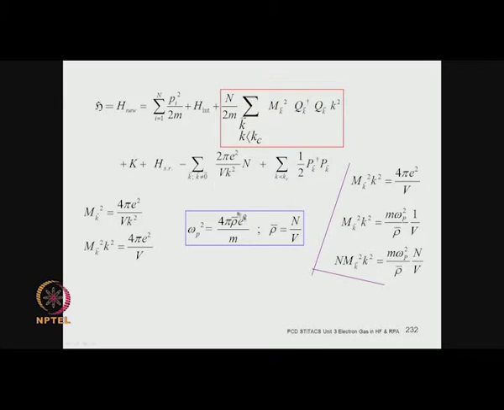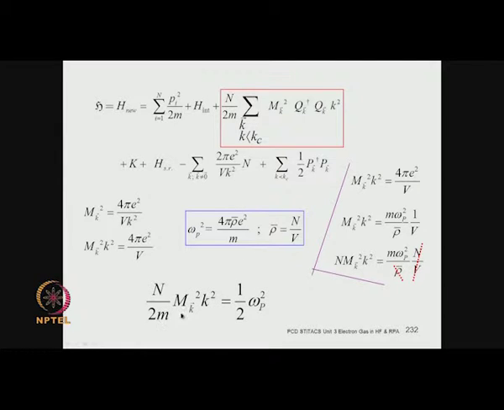You can just rewrite this, instead of in terms of mk square k square, in terms of the plasma frequency. Here n over V will cancel this 1 over rho bar in the denominator. So, that will give us some further simplification.